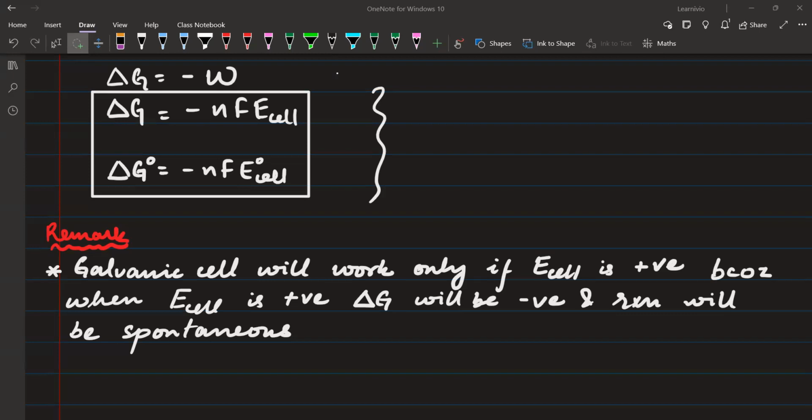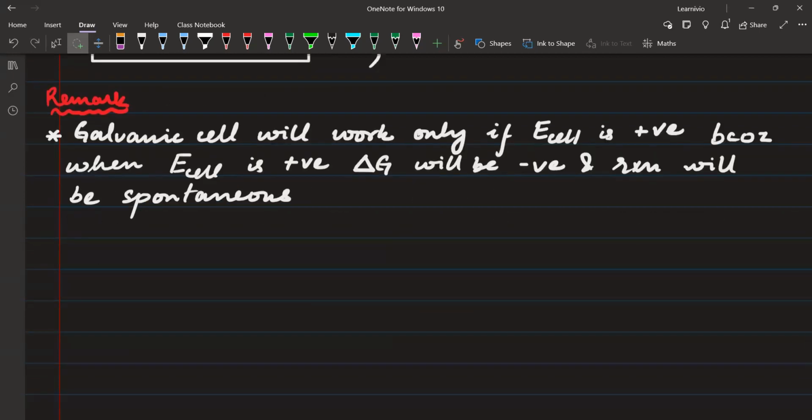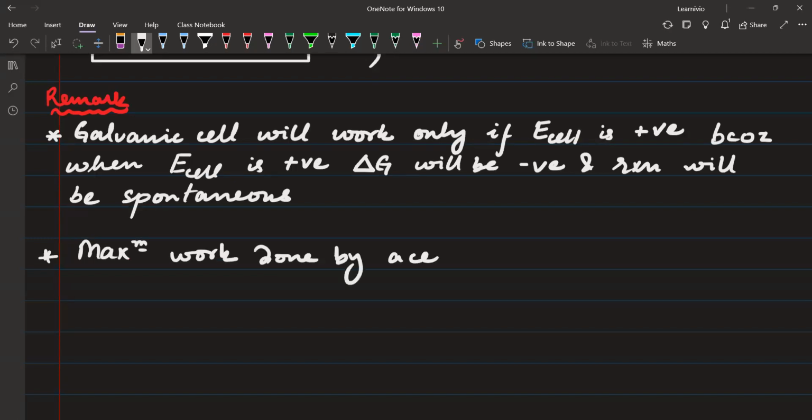Next, I hope you have written till here. Next point, please write with me. The maximum work done by a cell will be equal to delta G naught in the standard condition, that is the best condition that we can provide, but we will take a mod of that.